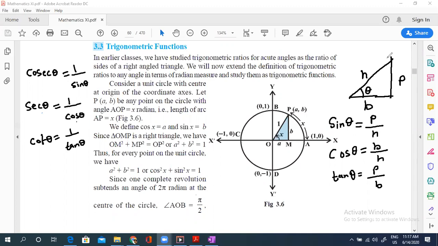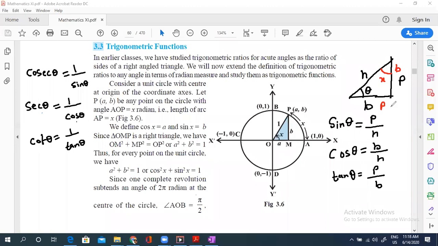As I told you, perpendicular and base depend on the angle taken. For example, if I take this angle, suppose this angle is x, then this side will become base and this side will become perpendicular, because perpendicular and base depend on the reference angle.